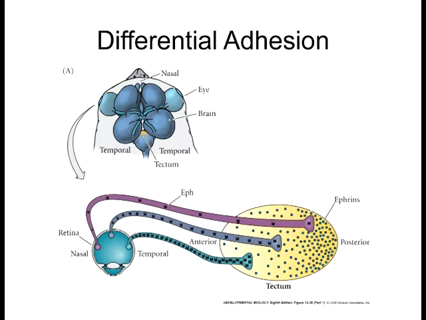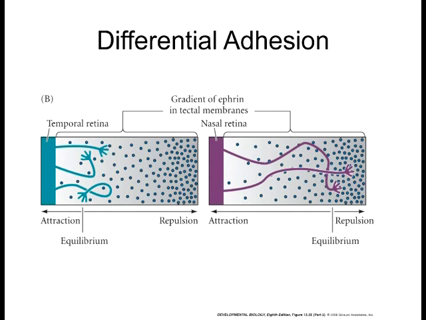Notice that the ephrin receptors, this is an illustration of how many there are. If there are fewer receptors, it has to go further into the gradient before it finally receives that repulsion. And that's what allows this to go deep into the posterior end. The more receptors it has, the less of the ligand it needs to activate that repulsion.